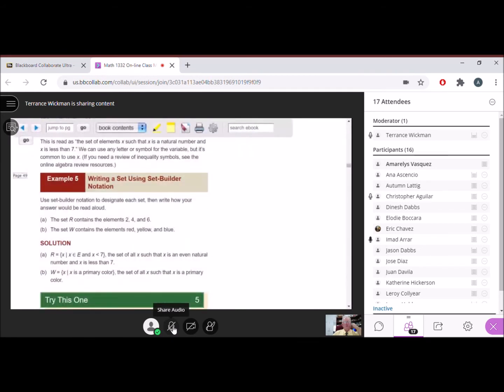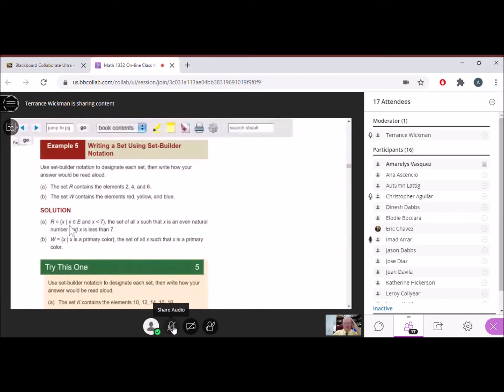Now, set builder notation. Now, there are really three methods for getting answers, usually.